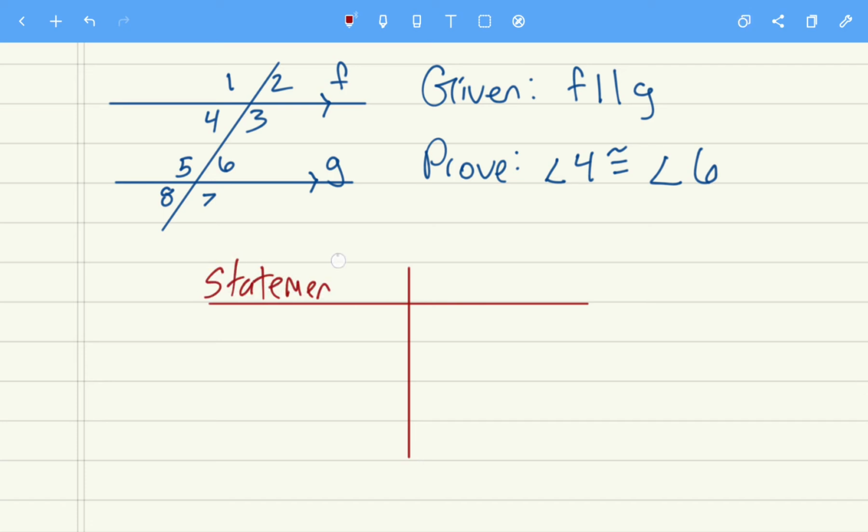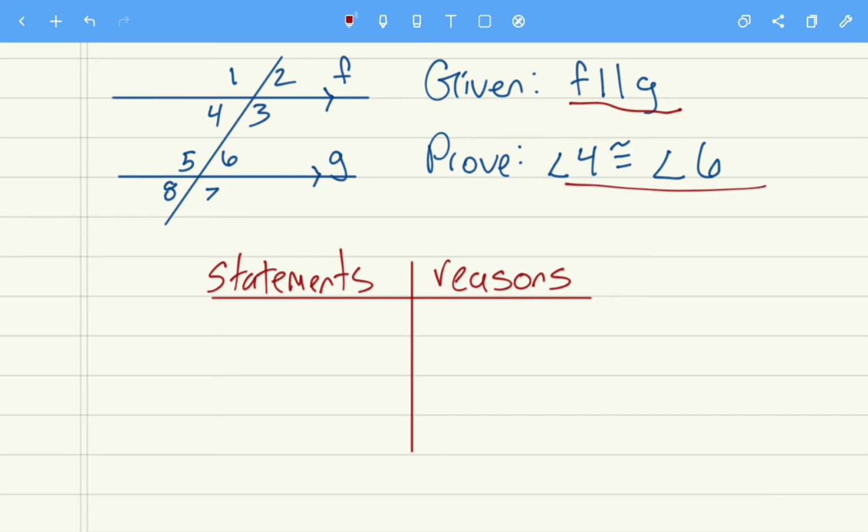Statements and reasons. Now, we are given that F and G are parallel, and we want to prove that angle 4 is congruent with angle 6. So let's go ahead and get started.